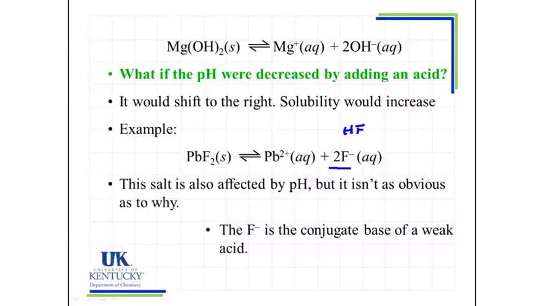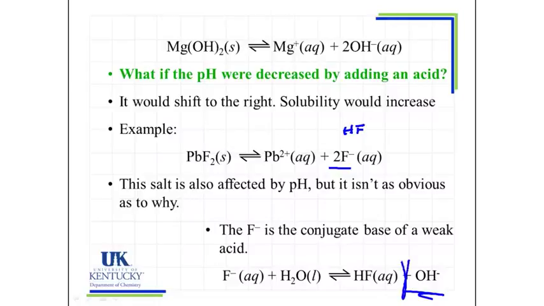As a base, it will be involved in its own equilibrium. So here it is, F minus in water, which is an aqueous solution, and we end up with the F minus having an OH in its equilibrium. Now this equilibrium here is obviously going to be affected by pH, because as we change the pH, we're changing the amount of OH minus.